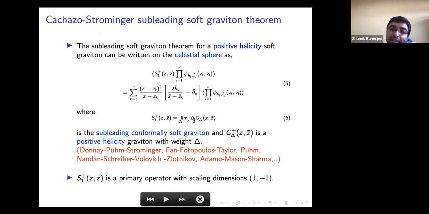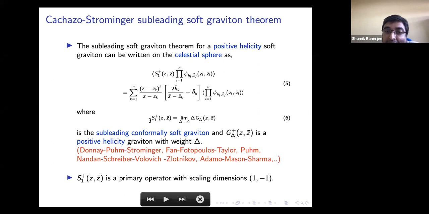Essentially the idea is that once you take delta to be 1, 0, -1, -2, and all the negative integers, this J plus G plus delta has simple poles there for delta equal to 1, 0, -1, -2, -3, and so on.